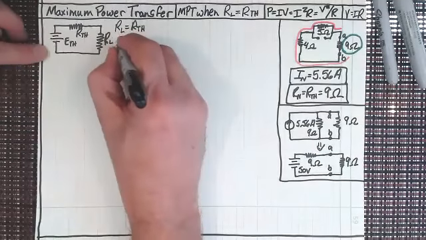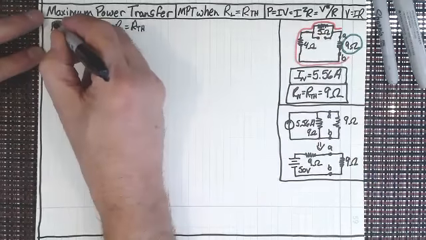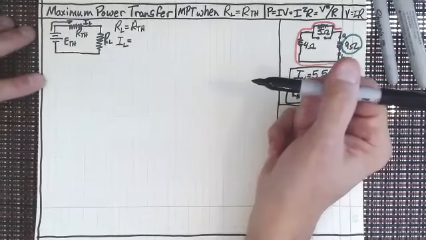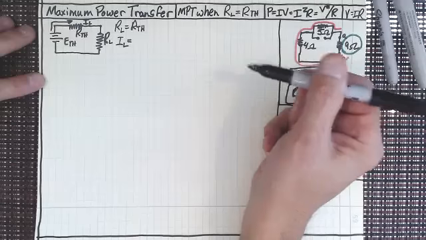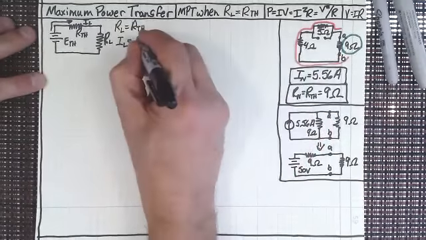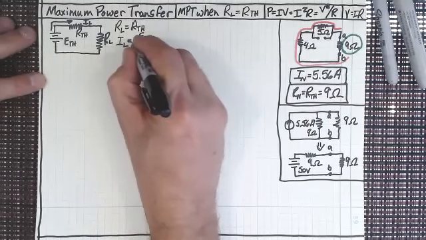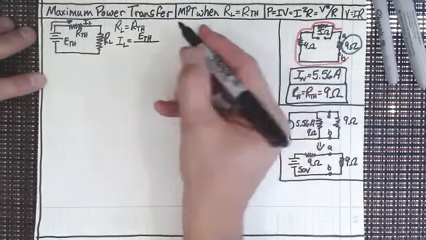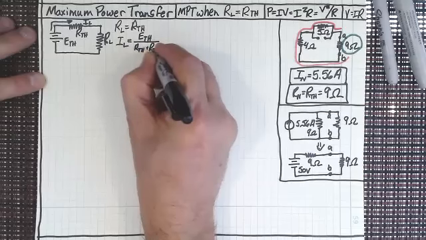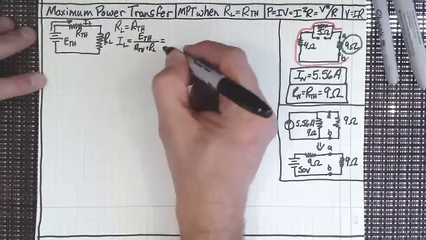So we could see what the current is going to be if I did this. So I sub L, right? And that's going to be the current that is flowing through that circuit. And we know that R sub L is going to equal R sub TH. So using Ohm's law, that is the Thevenin equivalent voltage divided by R sub TH plus R sub L. But we already know that both of those are the same.